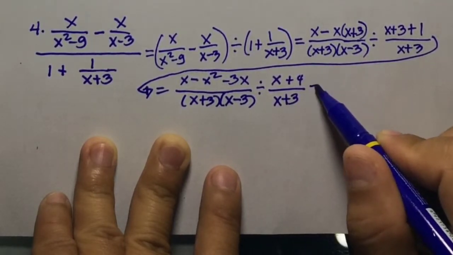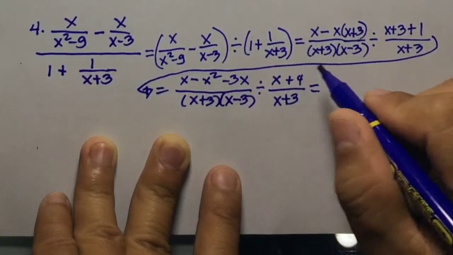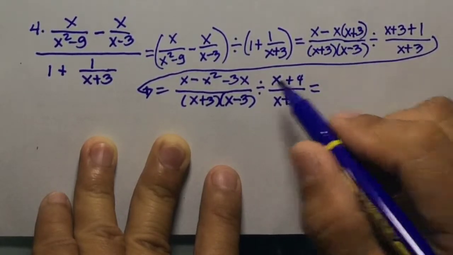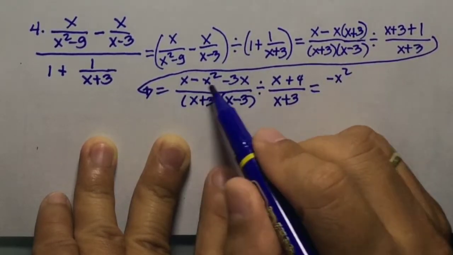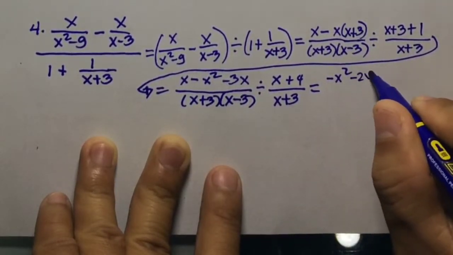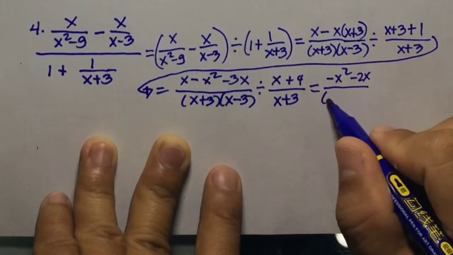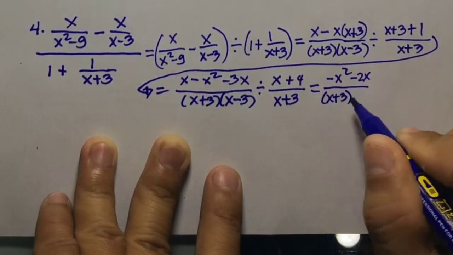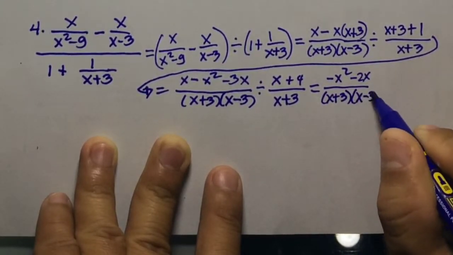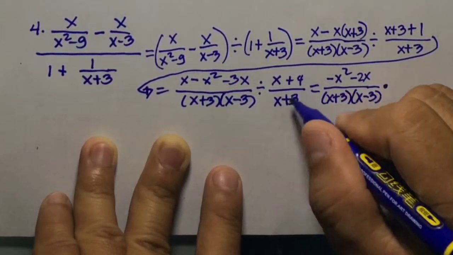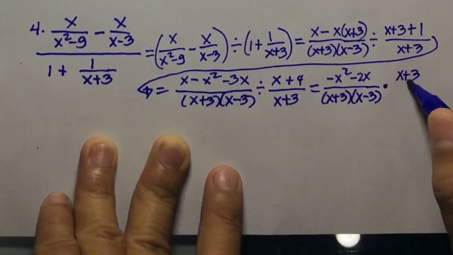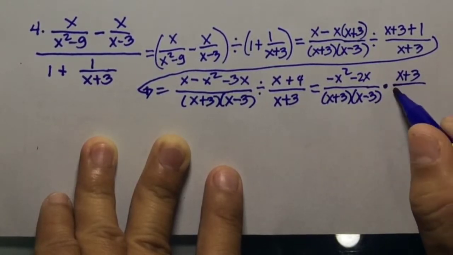Then proceed to multiplication. We're going to have negative x squared, then x minus 3x is negative 2x, over the quantity (x plus 3) times the quantity (x minus 3). Then times the reciprocal of this one, which is (x plus 3) over (x plus 4).